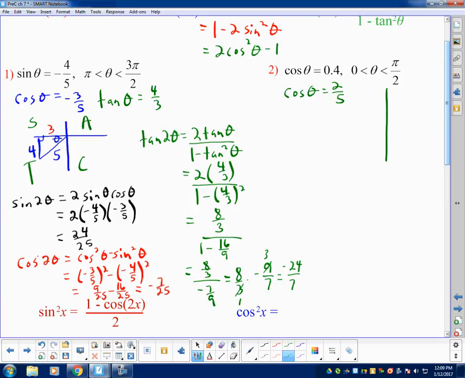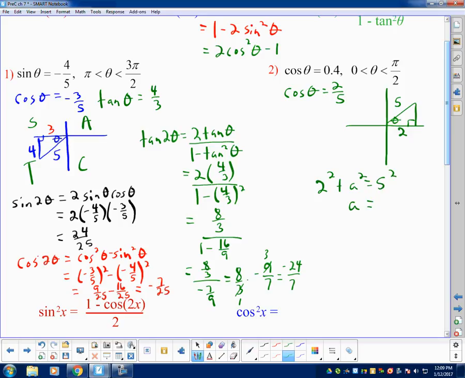And then you would draw your right triangle in the first quadrant. That's what this is saying. So in the first quadrant, you have a right angle here, theta here. The adjacent side is 2. The hypotenuse is 5. This one is not a Pythagorean triple. We'd have 2 squared plus a squared equals 5 squared.